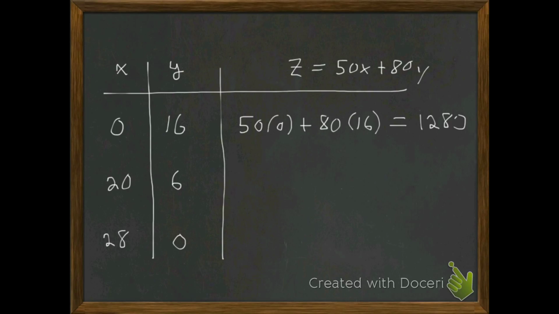When we get 50 times 20 plus 80 times 6, we get 1480.